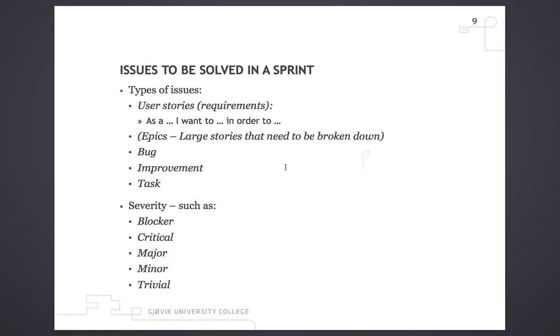And these issues can have different types of severity, like it's a blocker. We need to solve this before we can go on with the project. Then it's a blocker severity of the issue. It's critical, yeah. I think you understand what that is, major, minor, and trivial. So that's severity of issues.